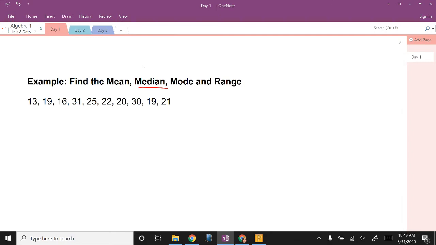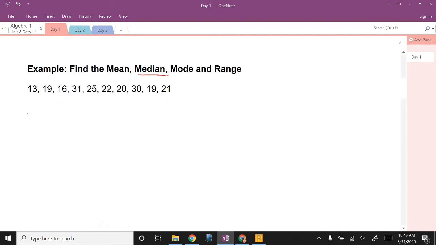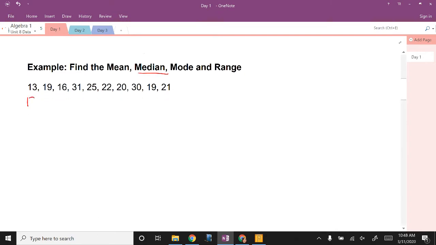I'm also getting out my calculator to help me out a little bit. It looks like my lowest number in the data is 13. And then I'm going to underline them as I go so I know I have used them already. 16. And then I have 19 and 19.